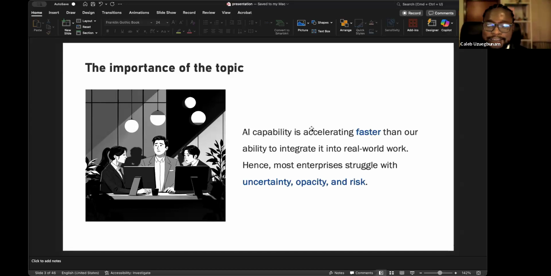Pre-AI, all of these things that I just mentioned would be classified as a bug. The system would get an input and would give back a different output than what was expected. Then that system, something was wrong with it, and you'd have to fix it and perfect it. But in the case of AI, these tiny things like uncertainty, opacity, and risk are baked into the system. And this is what makes it harder to trust outputs generated by AI.